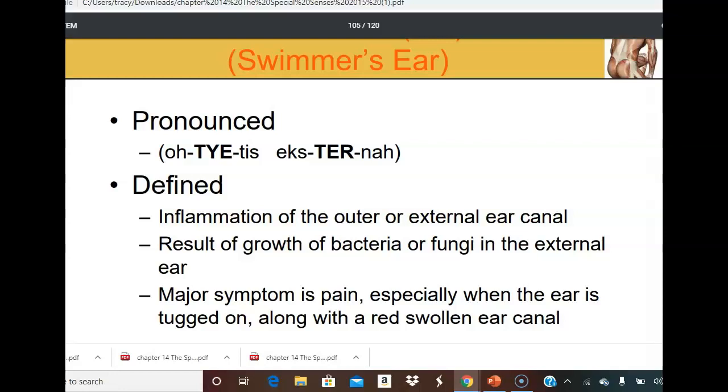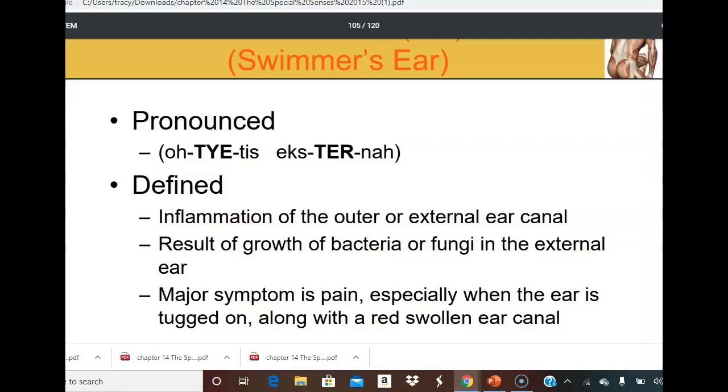Just like an inner ear infection, if the ear is tugged on, or the hard piece of cartilage called the tragus is pushed on, it will hurt. The canal can be swollen with pus and pretty intense pain. It can obviously affect hearing as well, because if that area is completely closed with infection, then you can't get your air conduction through, so people will also complain of a decrease in hearing with this.